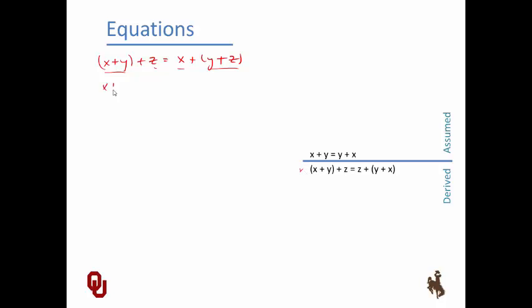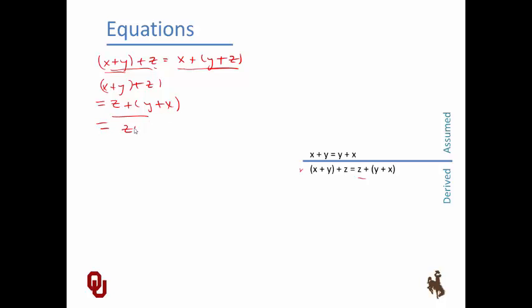Let's look at x plus y plus z and apply that equation. It says that that's the same as z plus y plus x. And now, according to this grouping law, known as the associative law for addition, we can group the first two terms instead of the second two terms.